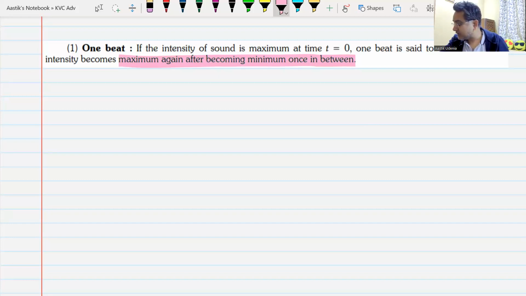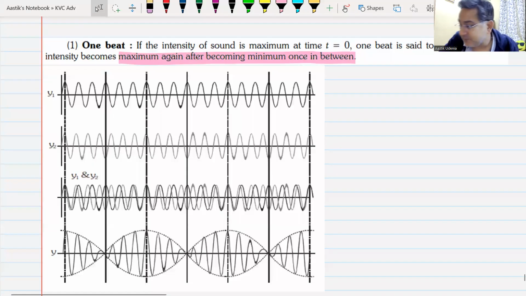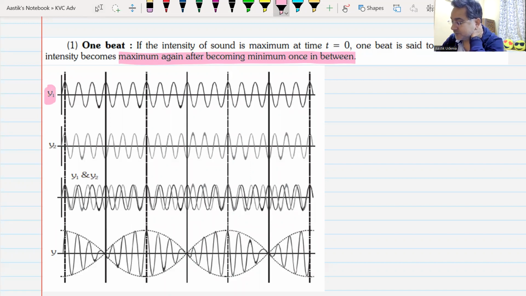Again, try to understand this diagram. Now I'll give you the equation as well. This is Y1, the first sound. This is Y2, the second sound. The frequencies are a bit different. They don't have the same frequency. When they superpose, this is what you get finally.